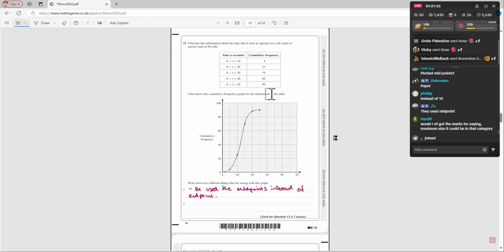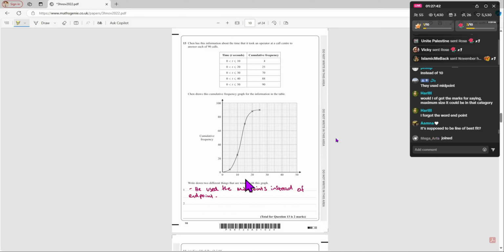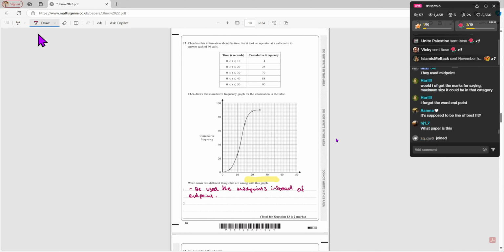And now the other reason is very, very obvious. Look at this graph carefully. What is missing over here, guys? I highlight this area. What is supposed to be there?